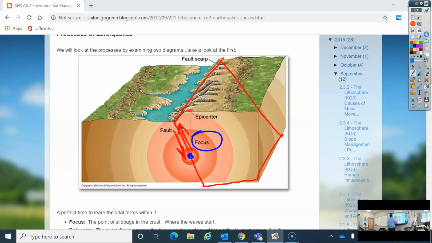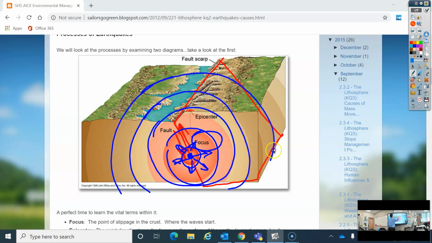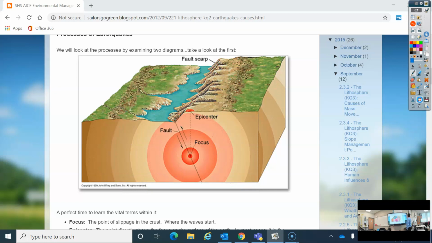And it comes out in all directions, so we basically have these circles coming out here, right? And then eventually it'll reach the surface, and that's where we have issues on land. When there is a fault that keeps on having slippage and slippage and slippage, you can get this fault scarp that you can see up here. That's kind of like a ridge that you'd see on land.